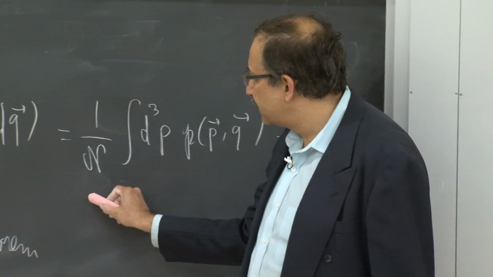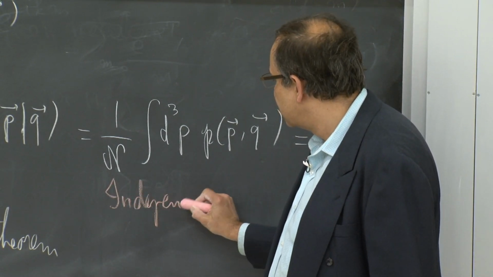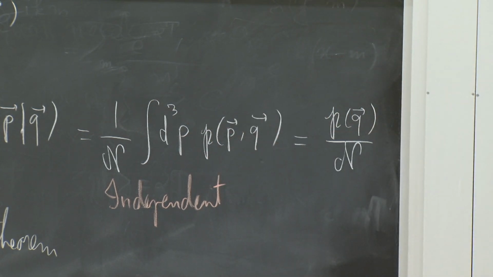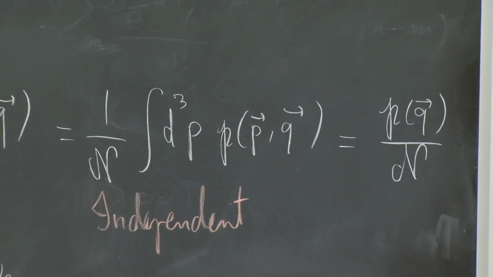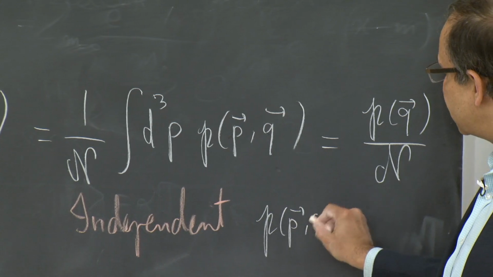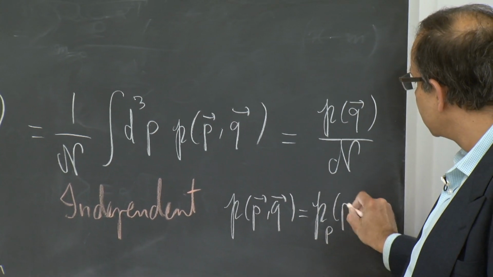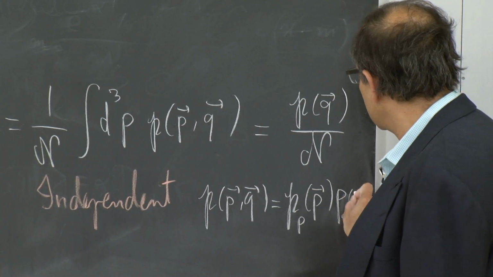By the way, if variables are independent, which actually does apply to the case of the particles in this room as far as their momentum and position is concerned, then the joint probability is going to be the product of one that is appropriate to the position and one that is appropriate to the momentum.